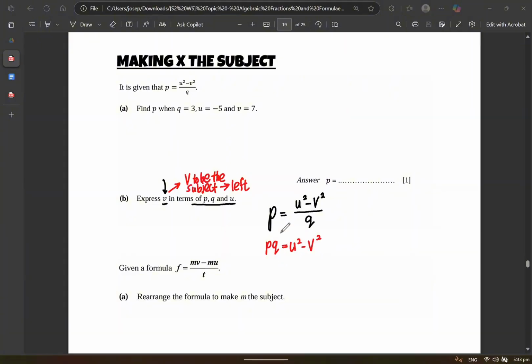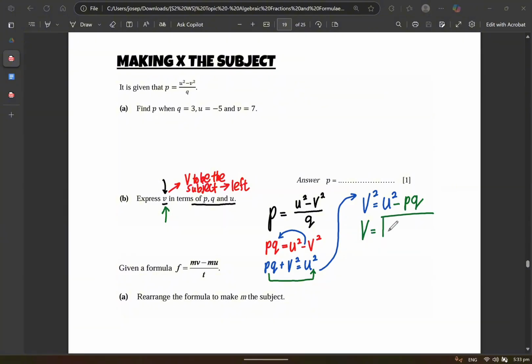So you have PQ plus V² equals U². Continue from here. V² equals U²; when you want to bring the PQ over, you bring it over to this side: minus PQ. Make sense? And then if you want V, that means to say you will basically square root it: V equals the square root of U² minus PQ. And more importantly, you are going to have a plus and a minus. So this is your answer for this question.